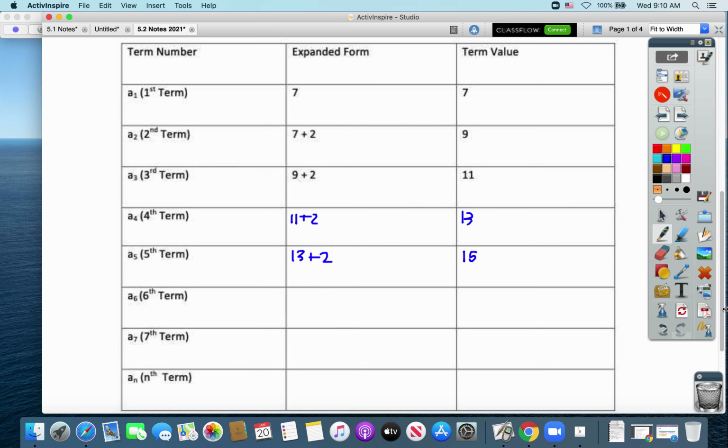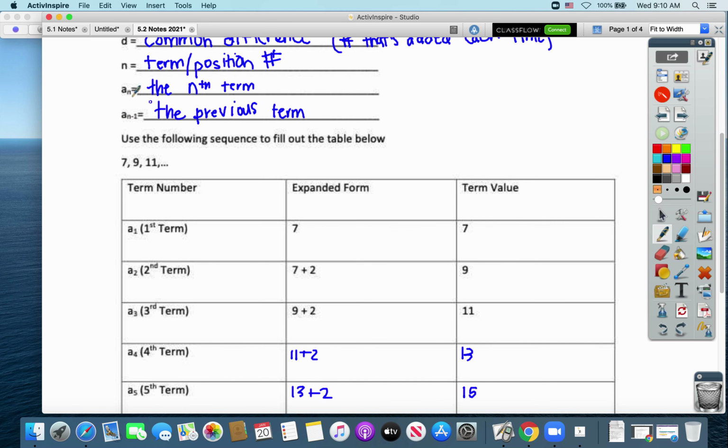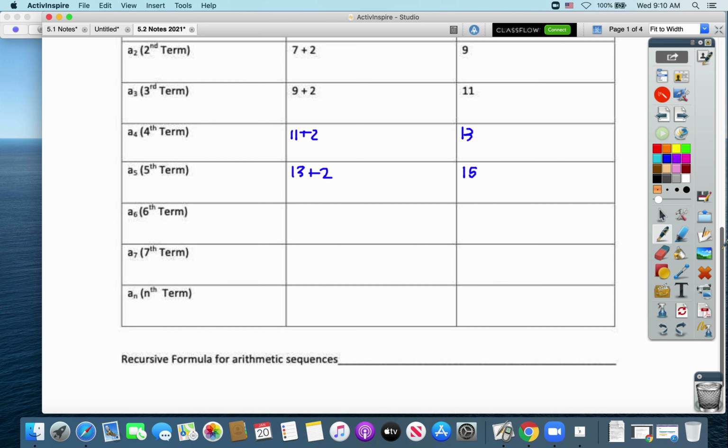So we had a variable at the beginning that represents the previous term. That was our a sub n minus 1. So to find the nth term, we would need to take the previous term, a sub n minus 1, and add 2. And that would get us the value of a sub n.